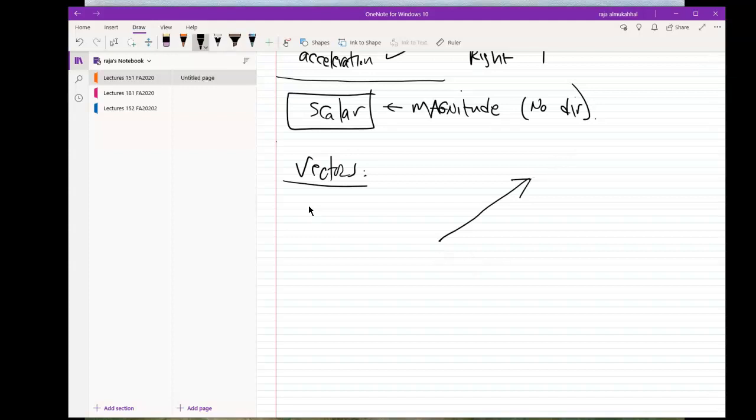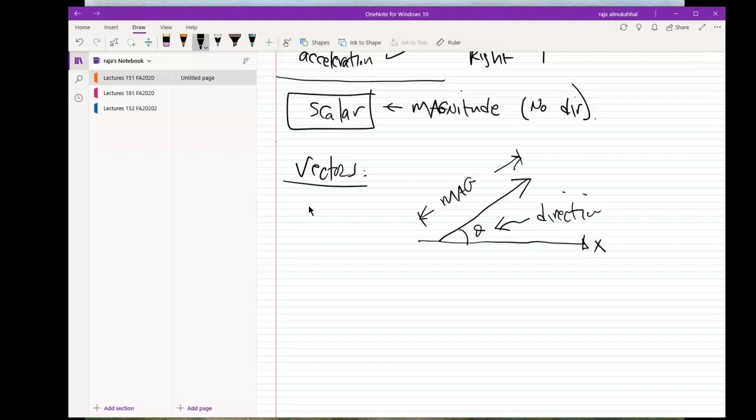And the length of the arrow, or we call it vector, the length of the vector is the magnitude. Got it? And the direction is basically, well, here is the vector, here is the x-axis, let's say. This is the angle theta with respect to the x-axis. This thing is what we call the direction.